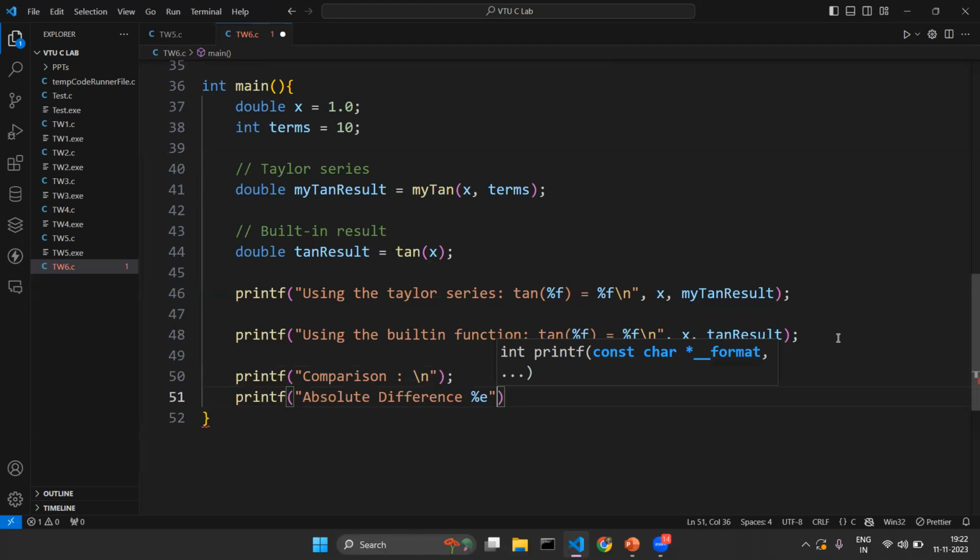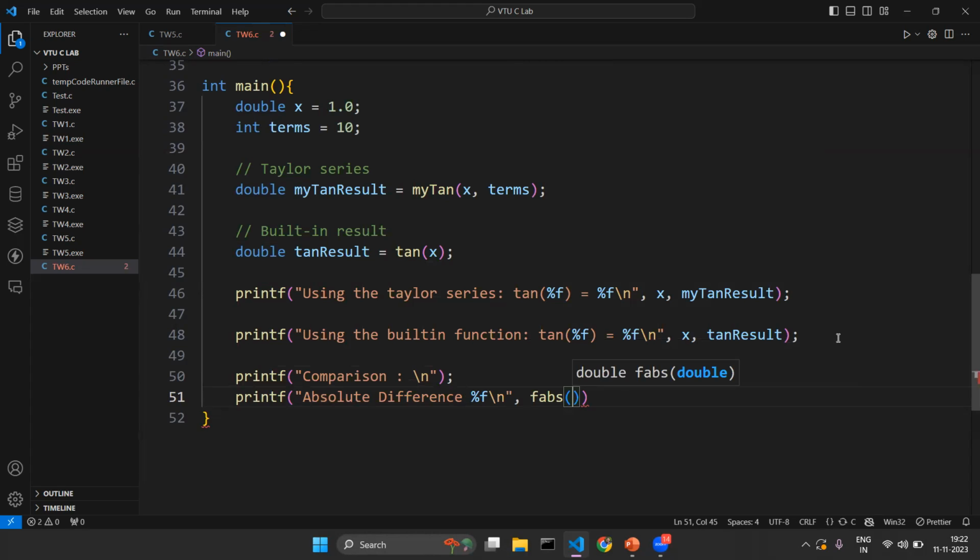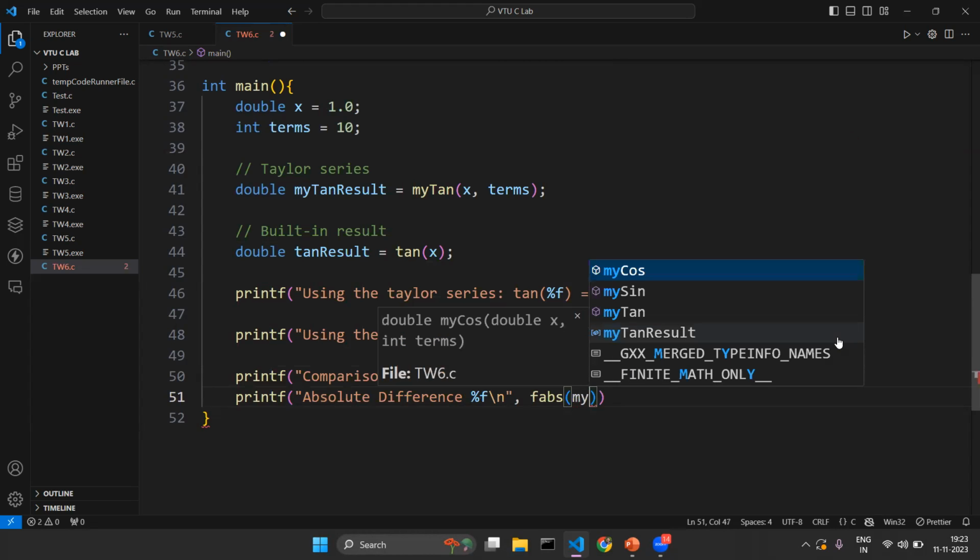That kind of result we want. Actually, difference percentage of, let's have backslash n. For finding the absolute, there is a function called fabs, which gives us the floating point absolute number. Because the abs function takes only an integer parameter, fabs is for floating numbers, because we have two variables, both floating numbers.